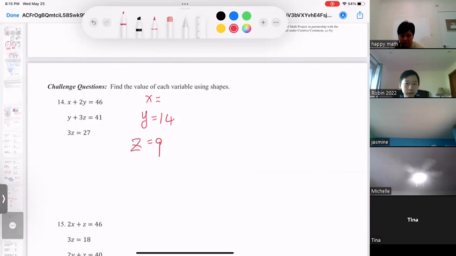X equals 20. Let me check. No, it's not. I verified it, and it's not, because with X equals 20 the first equation doesn't work.